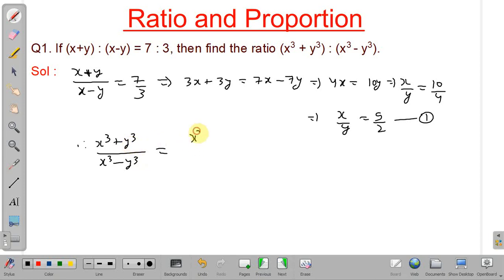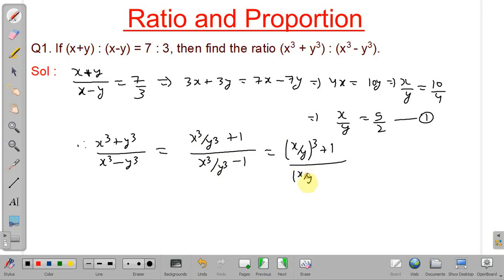So it will be (x cube divided by y cube plus 1) divided by (x cube divided by y cube minus 1), and it is nothing but ((x by y) to the power 3 plus 1) divided by ((x by y) to the power 3 minus 1).